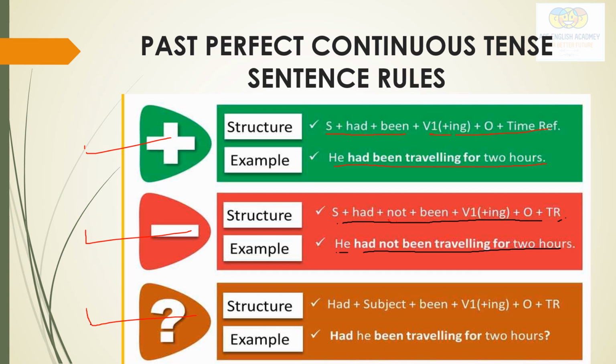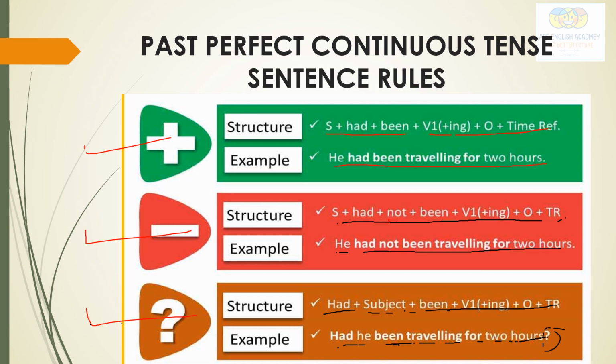Now comes these interrogative sentences. Had, subject plus been plus verb ing and object. Had he been traveling for 2 hours? So sign of interrogation. So this is how we can make sentences like affirmative, negative, and interrogative.